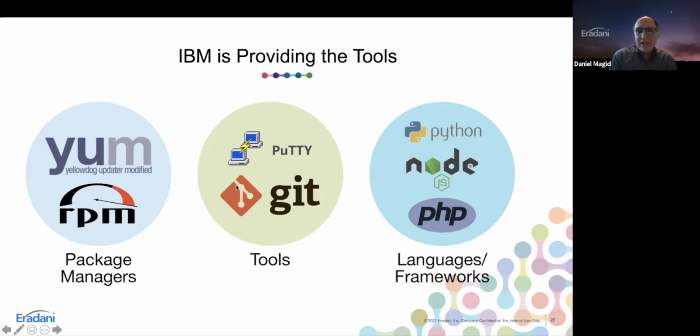They're also providing open source tools like Git for doing version control. So you can use those tools to manage your development efforts. And of course, they're providing support for all of the modern languages and frameworks. So IBM is really investing significantly in making it possible for you to use this new technology.